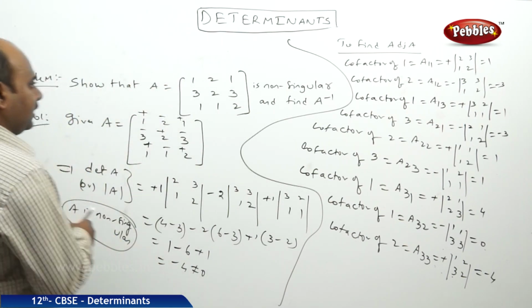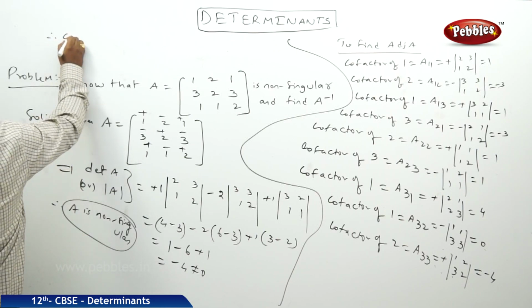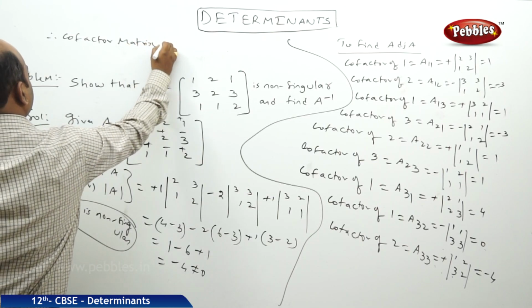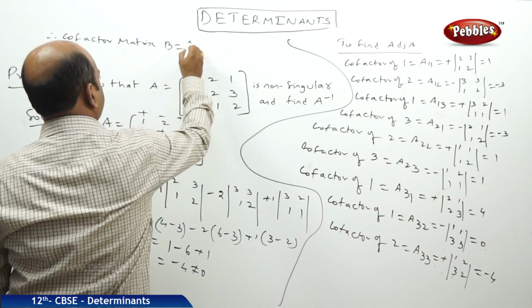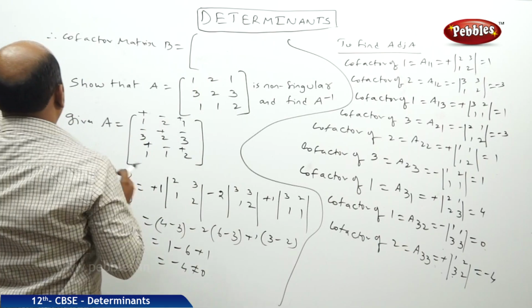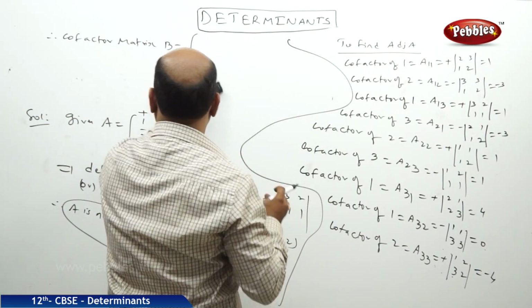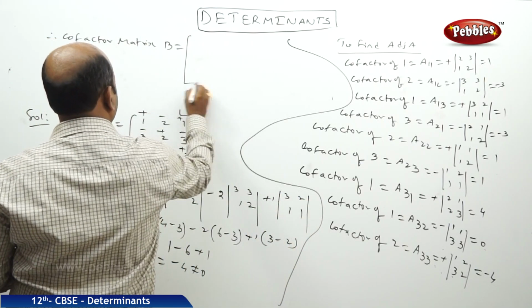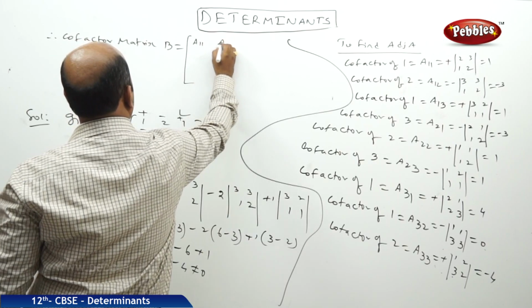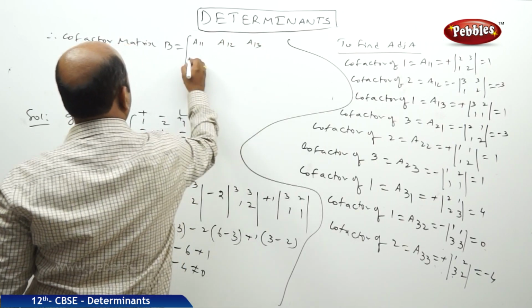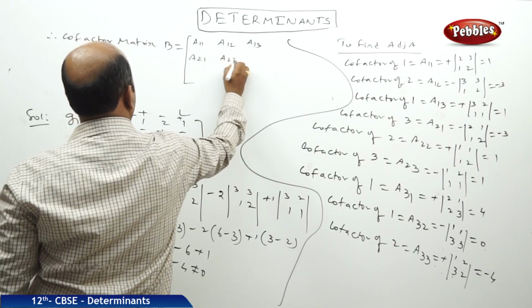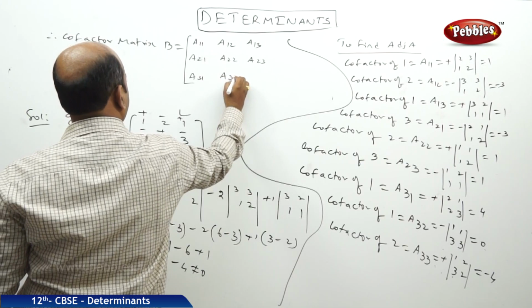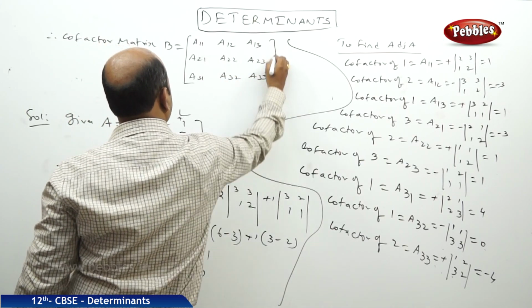That cofactor matrix I will call B. How it is obtained: we just need to write A11, A12, A13, A21, A22, A23, A31, A32, A33.